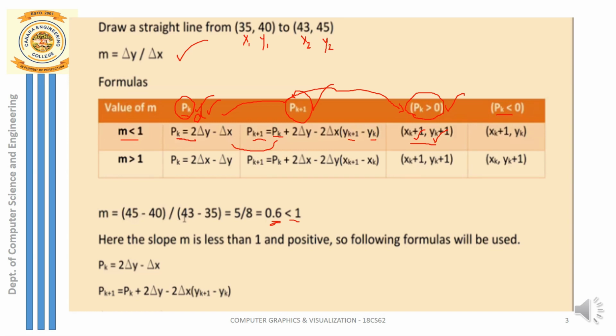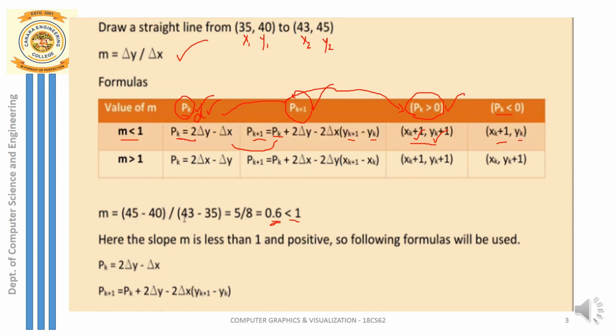In that case, you are supposed to increment only the x coordinate, not the y coordinate. Taking the initial value x1, y1 as reference, the previous x coordinate should be incremented, but there is no increment in the y coordinate. This is how you plot the next point that corresponds to the line segment.